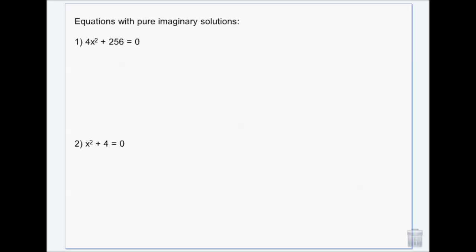So what I'm going to do to solve this is use the square root property. I'm going to subtract 256 from both sides, which is going to give me that 4x squared is equal to -256. And then I'll divide both sides by 4.